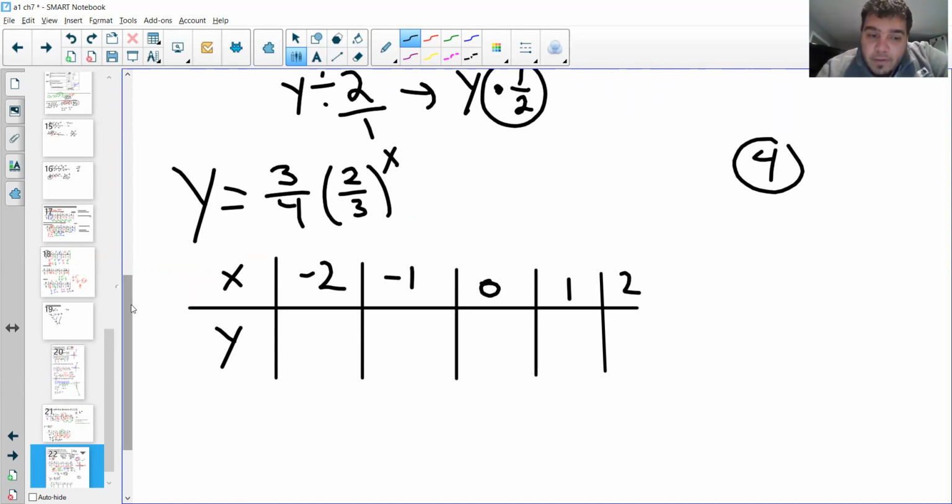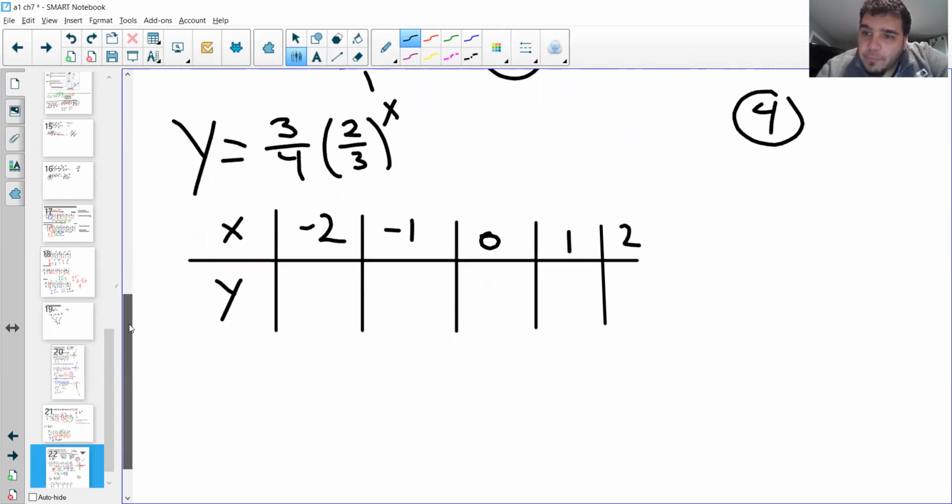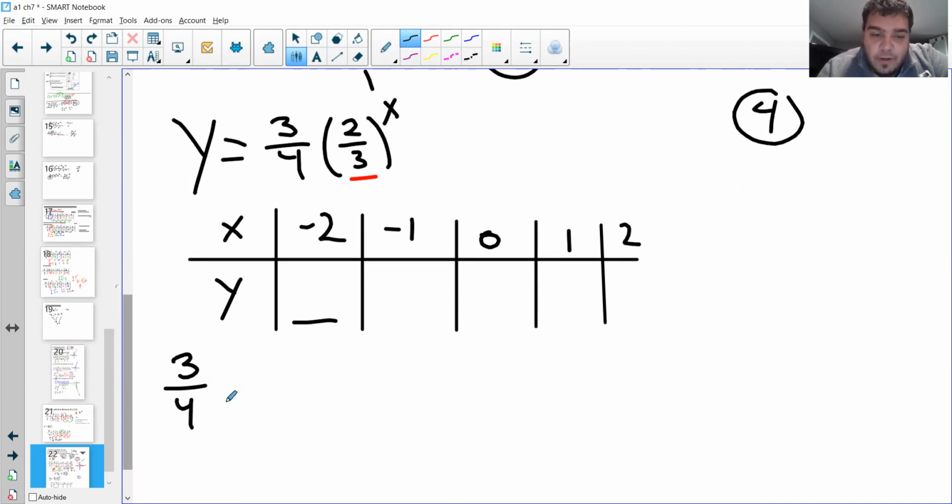Okay. So in this one I'm going to use the pattern to my benefit. But before I can do the pattern, I need at least the first step. So I'm going to find what this one is right here. I'm going to do a little bit of math. 3 over 4 times 2 over 3 to the -2 power.